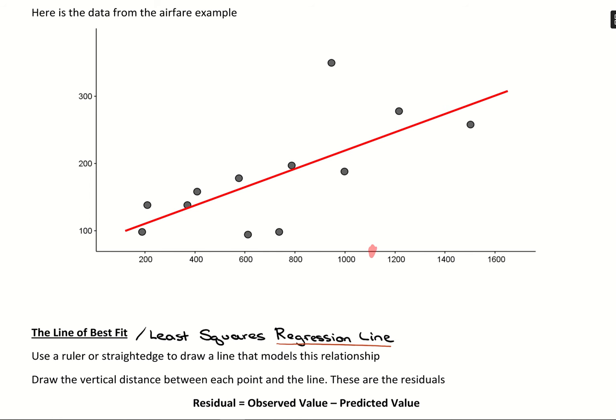If I wanted to estimate the airfare, I could use the output from that line. So maybe I'd spend about $250. So we can use this line to make predictions: if we choose some value for X, what would be our possible Y value.